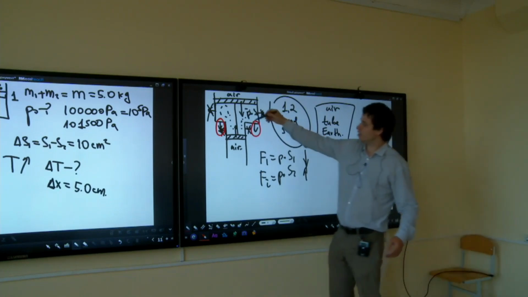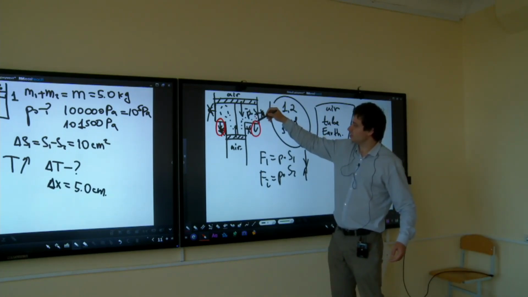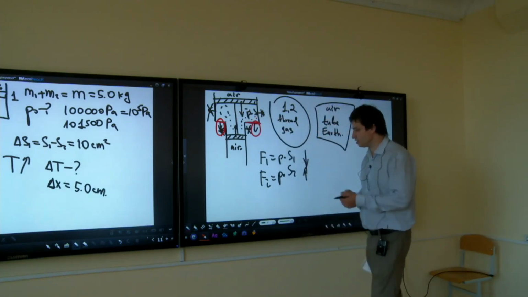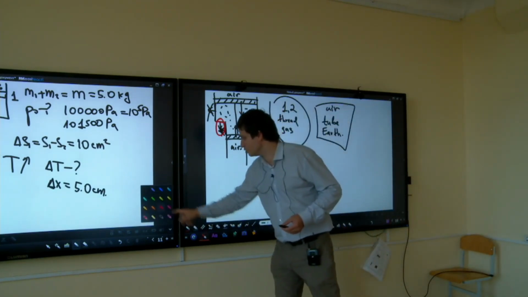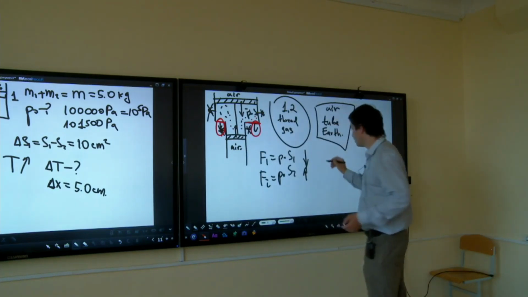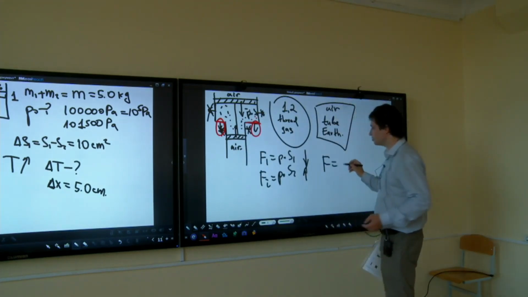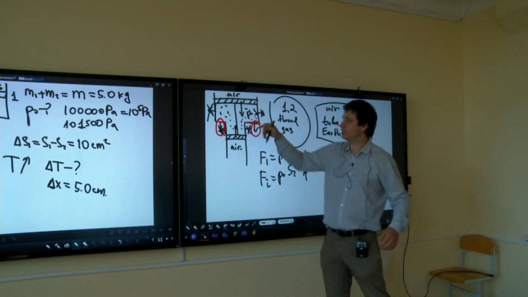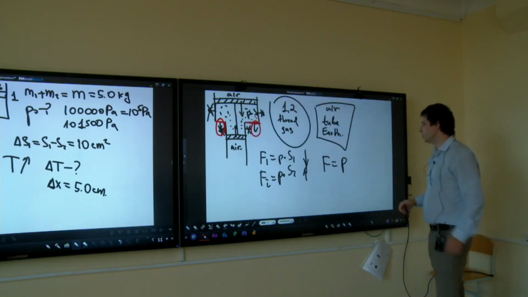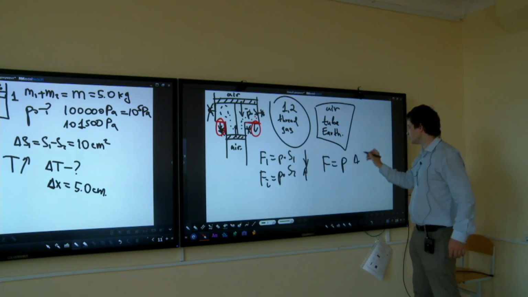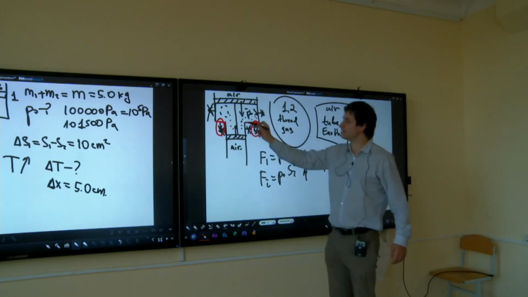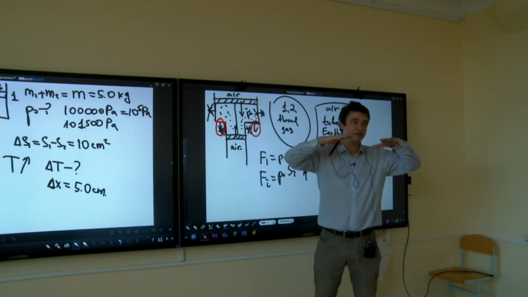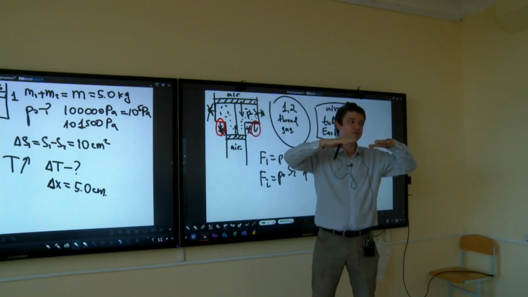So in here, my gas exerts pressure onto the horizontal part of the tube, and this force equals P, where P is the pressure of the gas in between the pistons, times delta S, because delta S is exactly the cross-sectional area, or the area of the horizontal part of the tube.